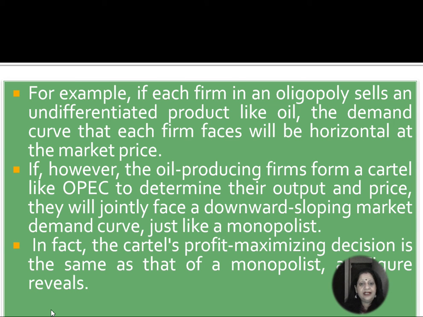For example, if each firm in an oligopoly sells an undifferentiated product like oil, the demand curve that each firm faces will be horizontal at the market price. If, however, the oil-producing firms form a cartel like OPEC to determine their output and price, they will jointly face a downward-sloping market demand curve, just like a monopolist. In fact, the cartel's profit-maximizing decision is the same as that of the monopolist.